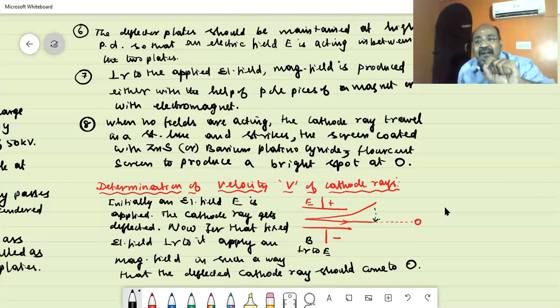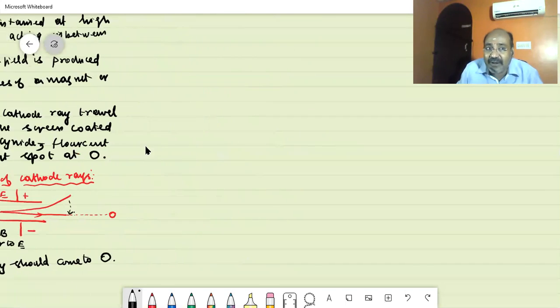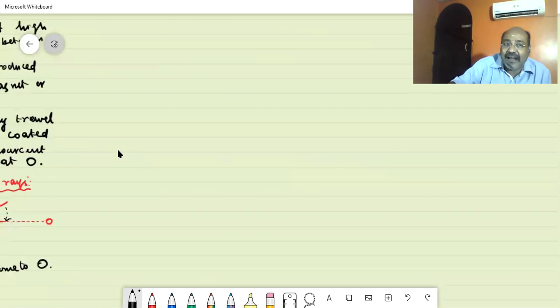This will happen only when the force produced for deflection by the electrical field is equal to the force produced by the magnetic field to restore. So let us calculate the velocity using this concept. What I have to calculate now? First of all, the force on the electron beam, or the charged particle, due to the electrical field.